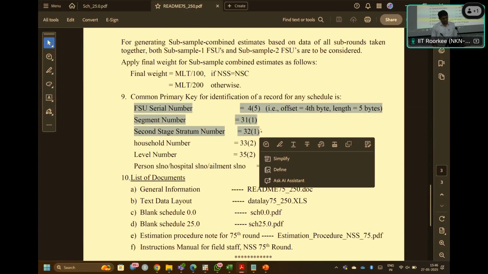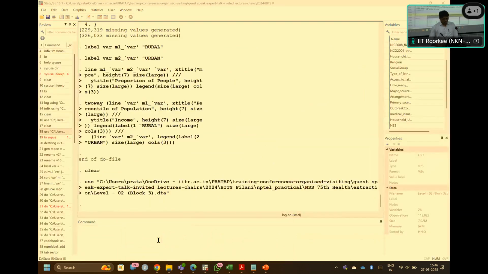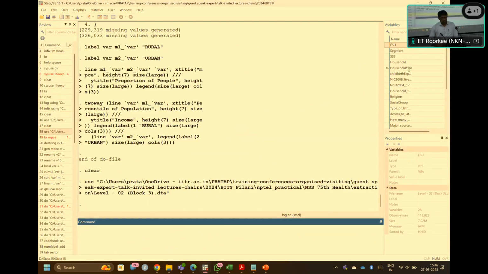We need to check several times. So here the unique ID is FSU, segment number, then second stage stratum number, then household number. So the first command is to check whether we have those variables or not, very clearly: FSU, segment, SSS, and household.